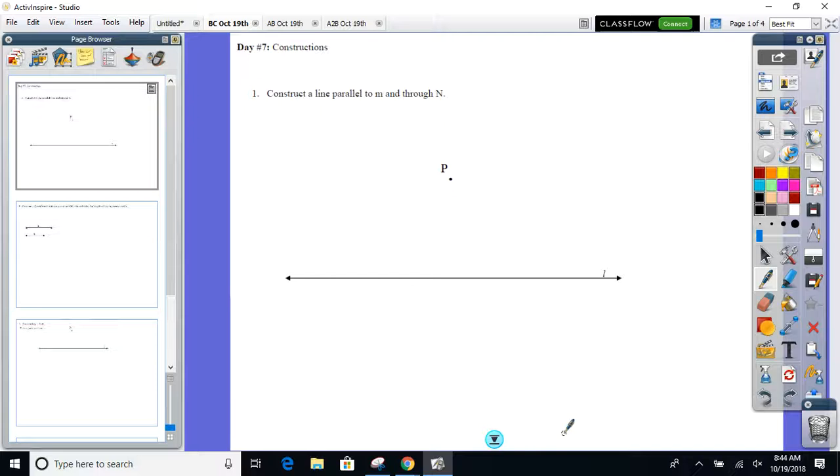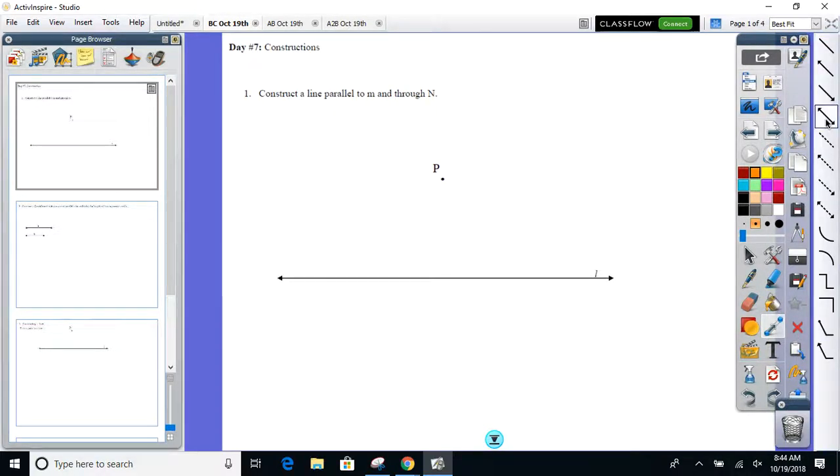So take your straight edge right now, line up your point P and your line L, and draw in a transversal. Make sure your transversal is a decent size, because we're going to have to make some arc marks on it.